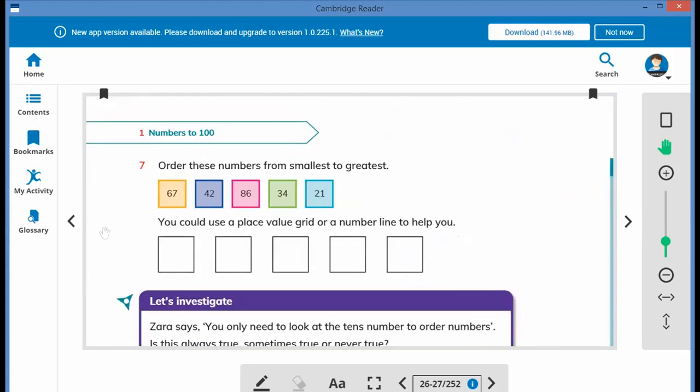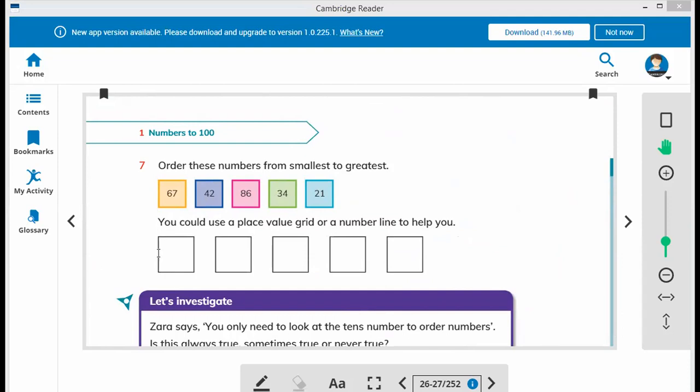Here, order these numbers from smallest to the greatest. You could use a place value grid or a number line to help you. Okay, so what is the smallest number? Let's write it in the box. From the smallest to the greatest.